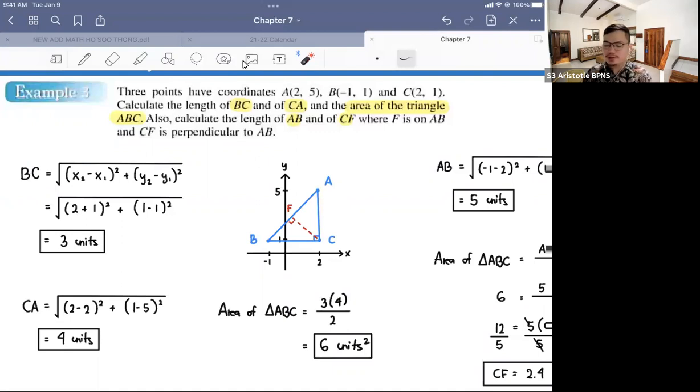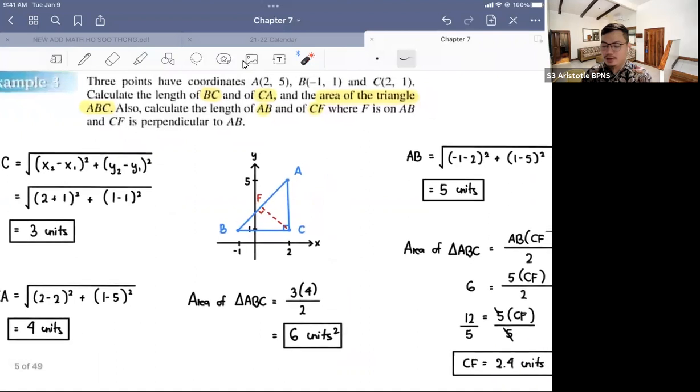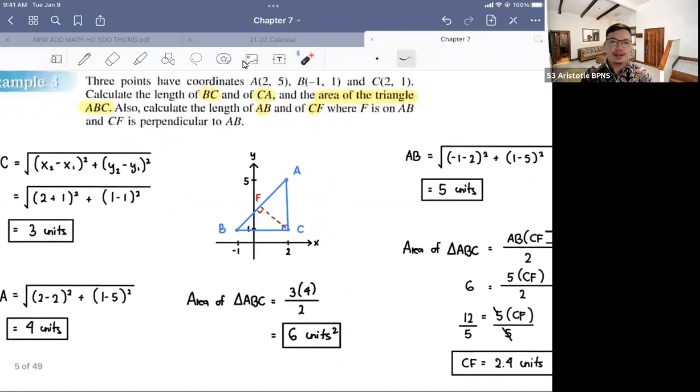Now, let's go to the second set of questions. Now, also, we need to calculate the length of AB and CF. Where is AB and CF? AB is here. It's basically the third side. Now, you can use Pythagoras theorem in solving this, because this is a right triangle, but you can still use the distance formula for this, okay?